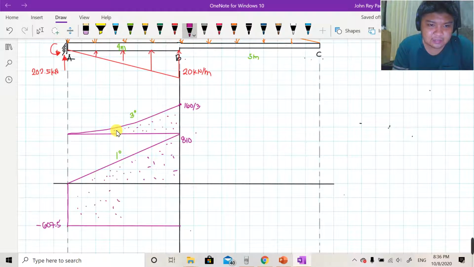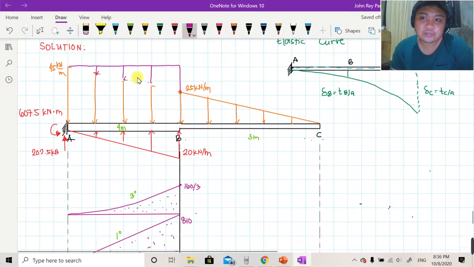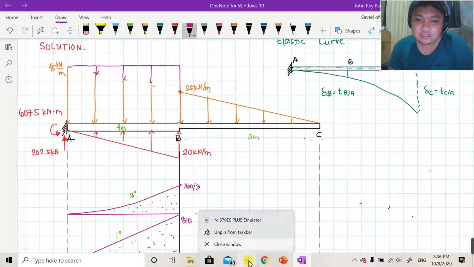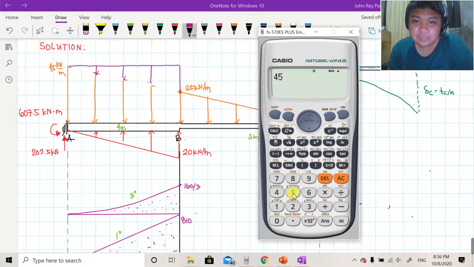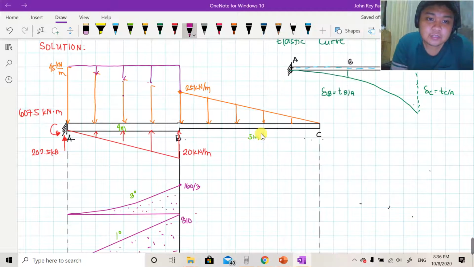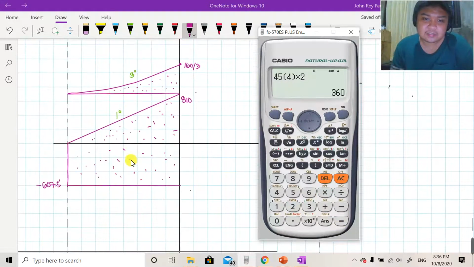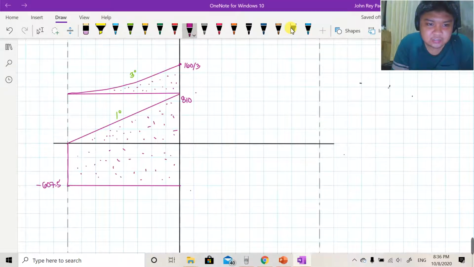And lastly, para matapos na 'to, we are going to consider the uniformly distributed load. So this time, rectangular load na siya, class. So this will be 45 times 4, right? 45 times 4, malamang ang moment arm niya, nandito siya sa gitna. So multiply mo na lang ng kalahati ng 4 meter or simply 2. So 360 siya, class, okay? So lagay natin ulit, drawing natin siya dito.